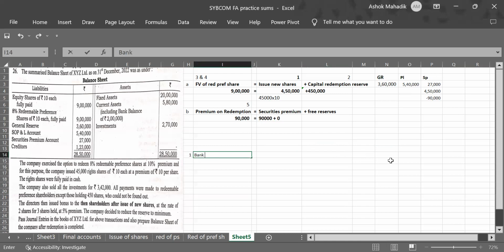So bank account debit, to investment account, and we have made some profit, so to P&L account.